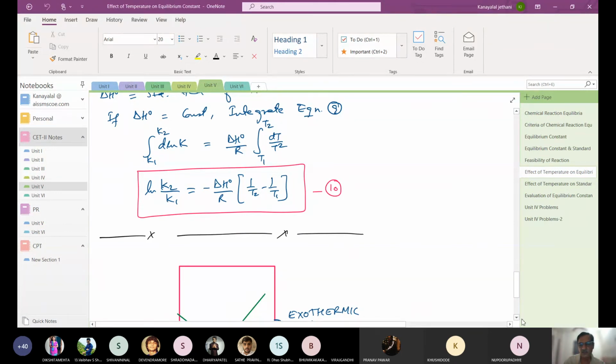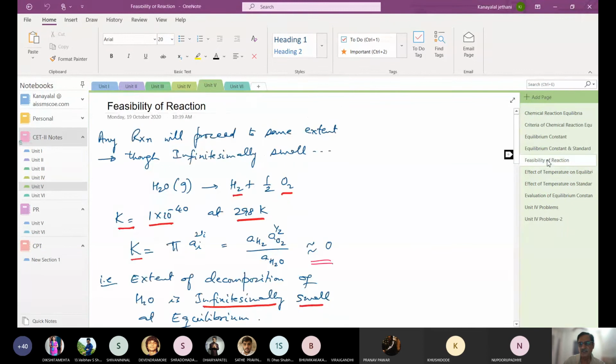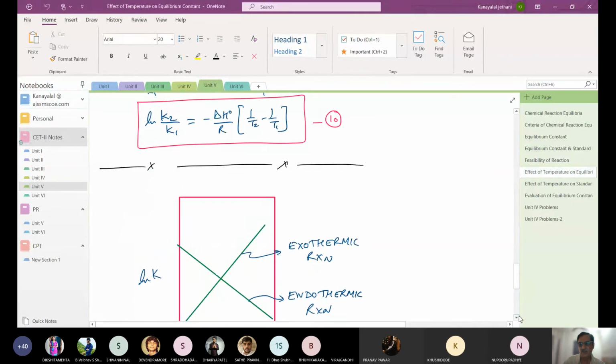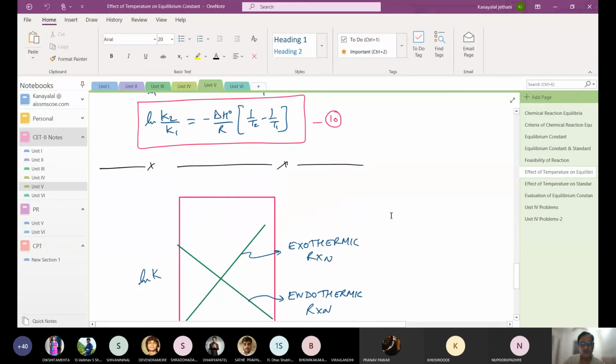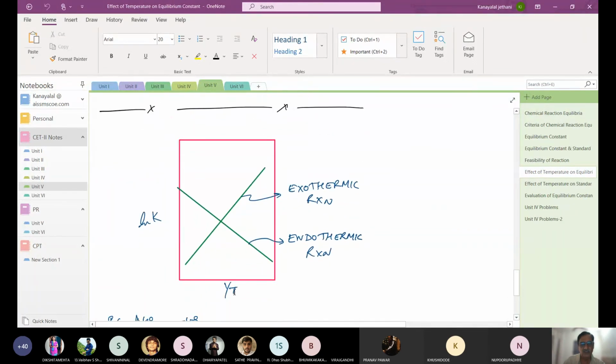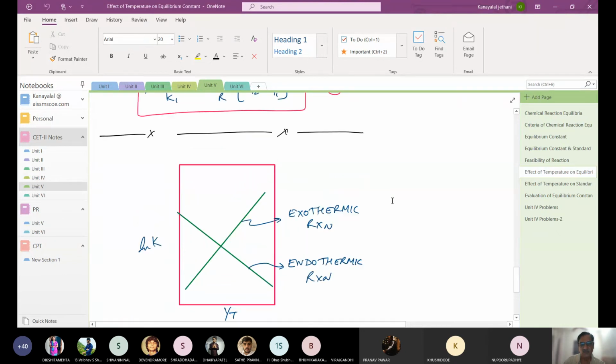Okay, so let me explain this concept also. भूल गया था ये। So if you plot ln k versus 1 by T, ये equation में essentially same, we are plotting ln k versus 1 by T. What we get is this type of curve for endothermic reaction and this type of curve for exothermic reaction.